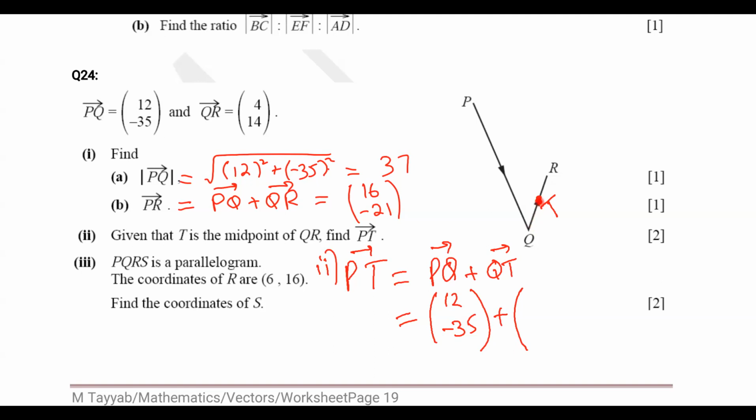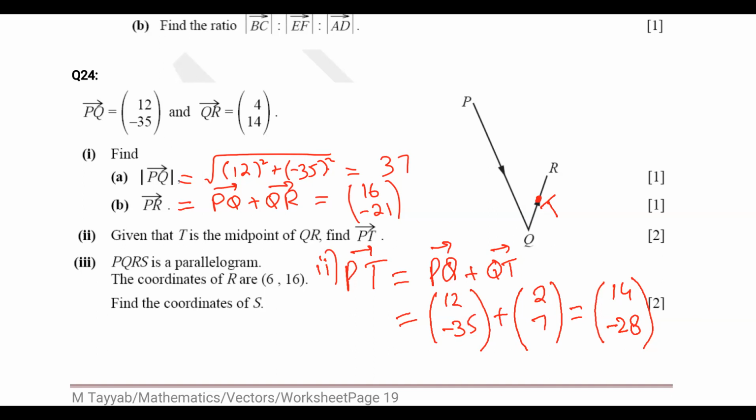Half of 4, 14 is 2, 7. So add these two: 12 plus 2 is 14, minus 35 plus 7 is minus 28. So it's 14, minus 28, is the vector PT.